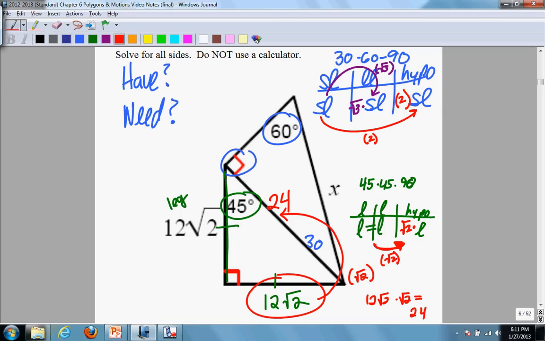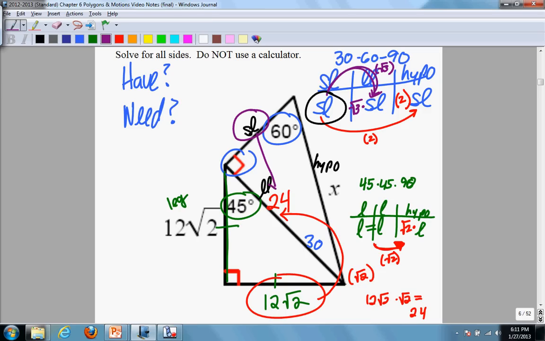Now, the 24, if you look in the 30, 60, 90, that 24 is no longer the hypo, it's the long leg, which means that's the short leg and the hypo here. In the 30, 60, 90, everything goes back to the short leg. So let's start by circling the short leg. Going to the long leg, it's times by root 3.